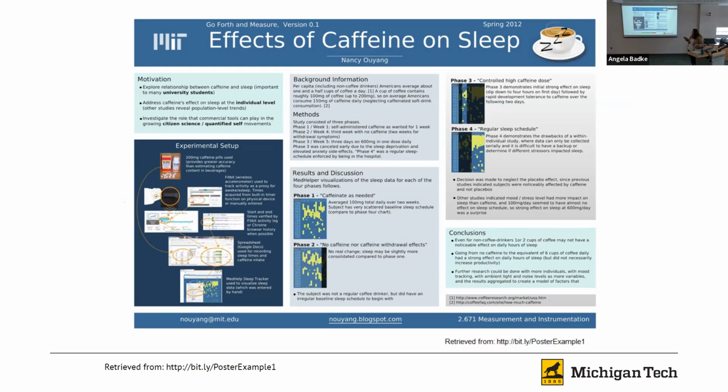The only other thing I would say for this one is, other than it being a little bit text heavy, the experimental setup has some imagery that's a little bit wonky. There are a lot of arrows in that tiny diagram that might be better served by having a clearer visual there.